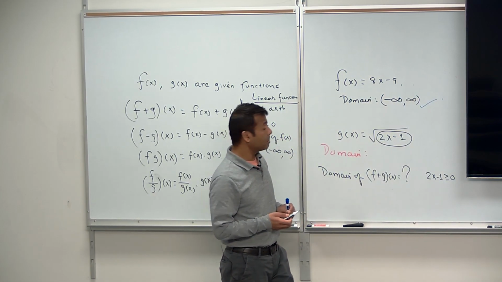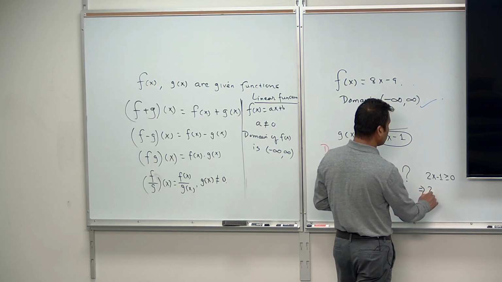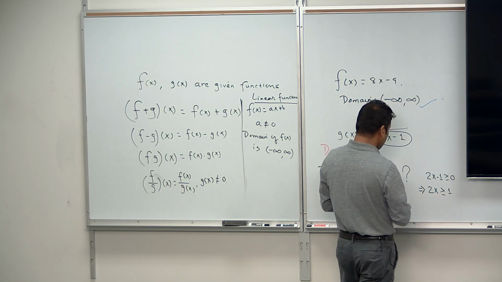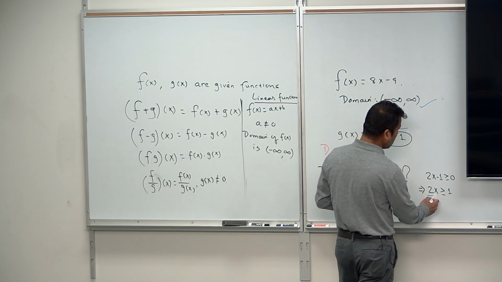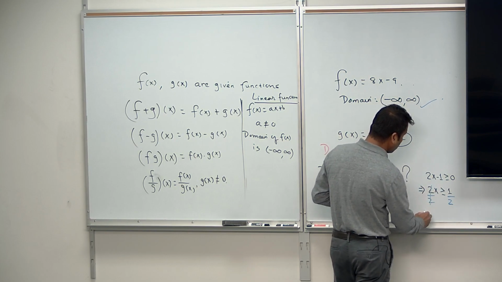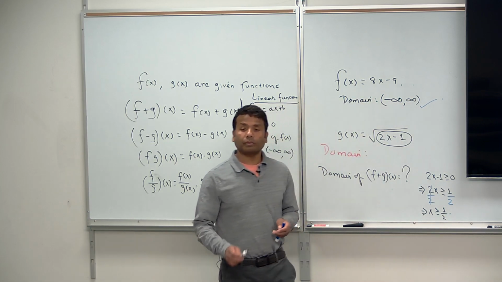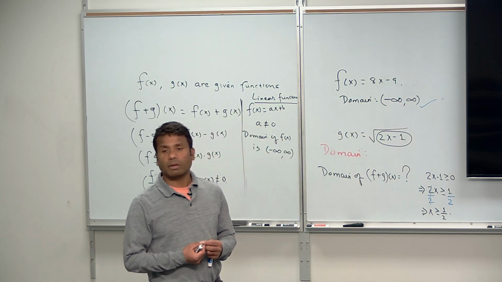Right? So now if 2x minus 1 is greater than or equal to 0, so this is 2x is greater than or equal to 1, you divide both sides by 2. So you cross them out. So that will give you x is greater than or equal to 1 over 2. Make sense?